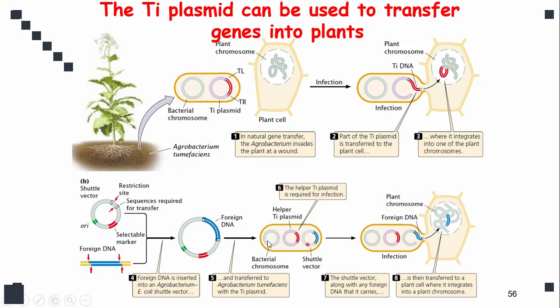The bacterial cell has picked up this plasmid, and through the same process, it is used to move into the plant cell. So that is how you have your molecule transferred into a plant using the Ti plasmid.